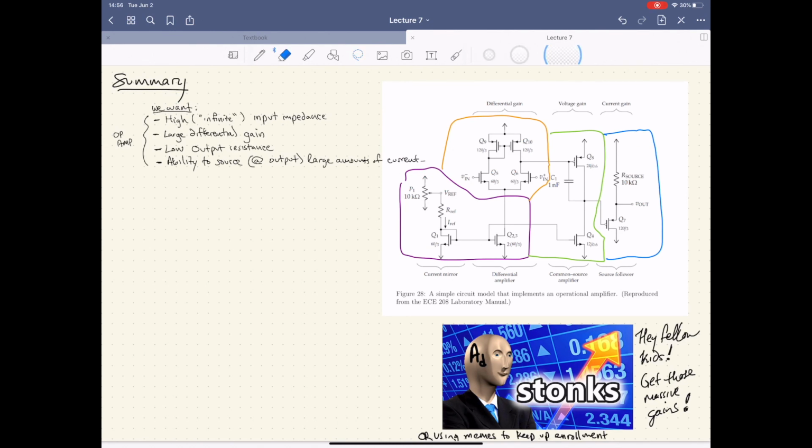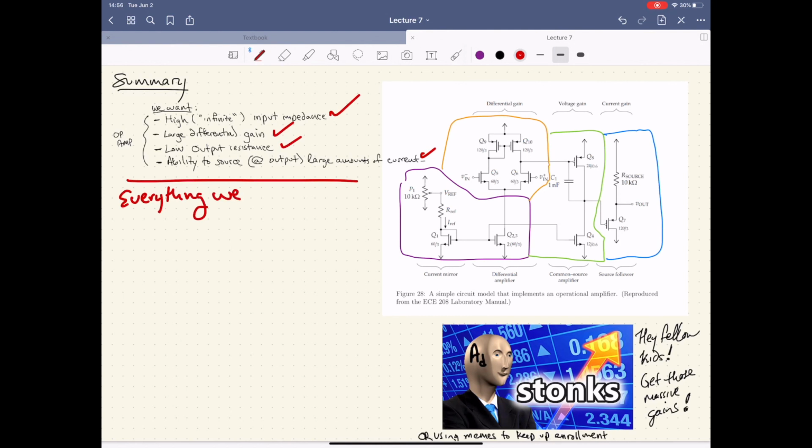We got infinite input impedance. I've been betrayed. Check. Large differential gain. Oh yeah. Low output resistance. Yep, we just talked about that. And the ability to source at output a large amount of current. Hey, thank you very much. Yeah, we got everything we wanted. Everything we ever wanted and more. Thanks, op amp.